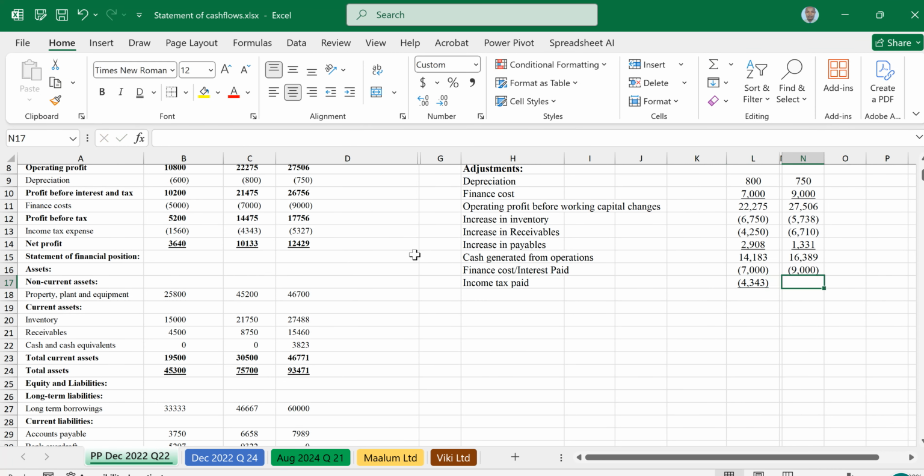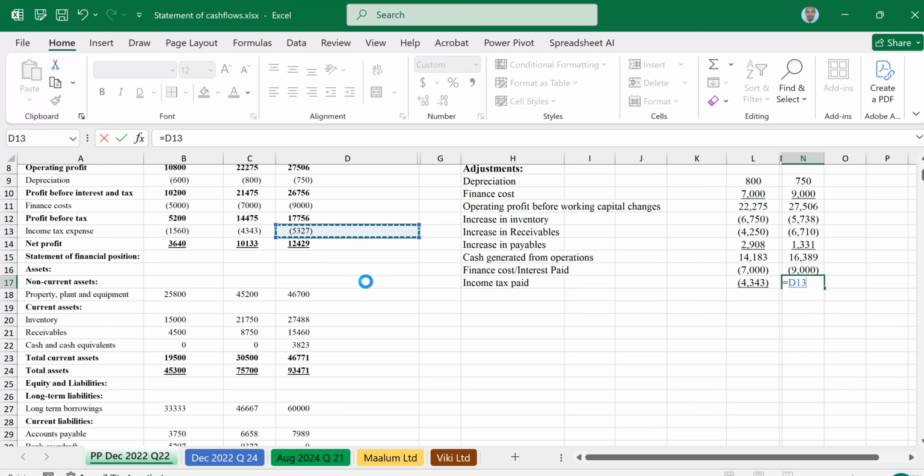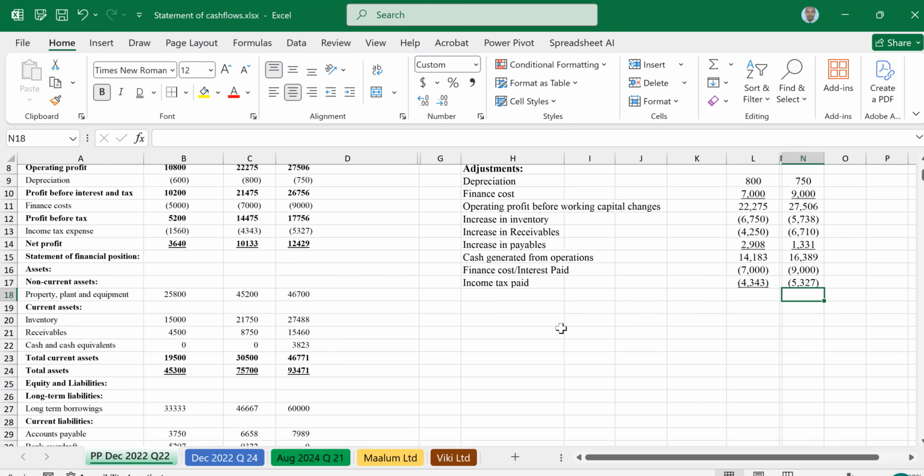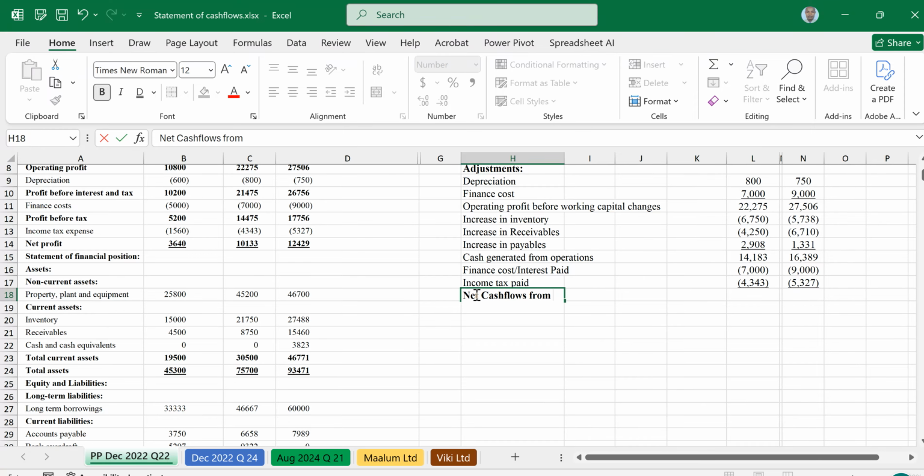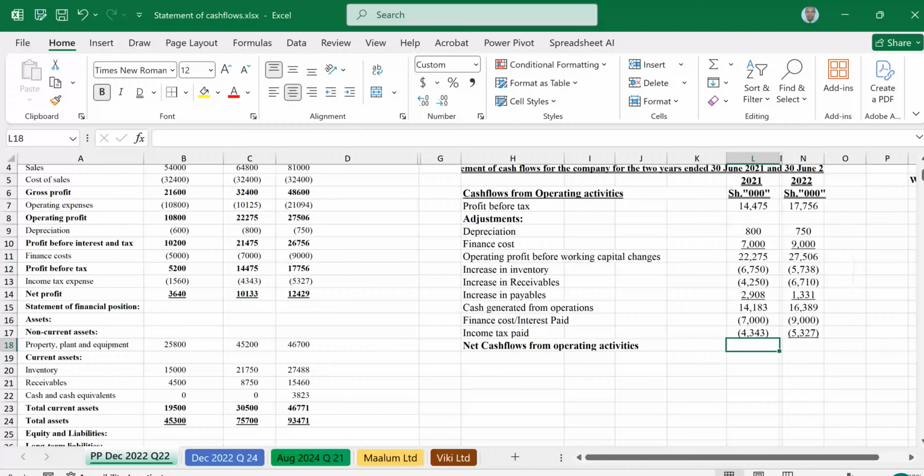The other one would be 5327. Net cash flows from operating activities.